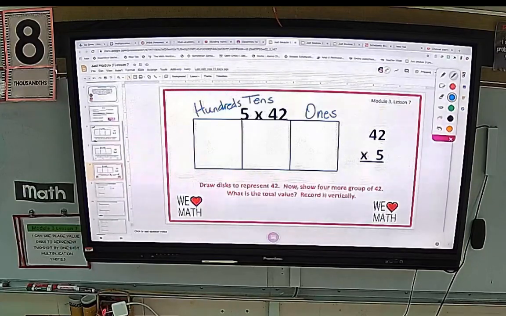Start off by putting 42 in dots on your place value chart. That's where you start. Then you will multiply.